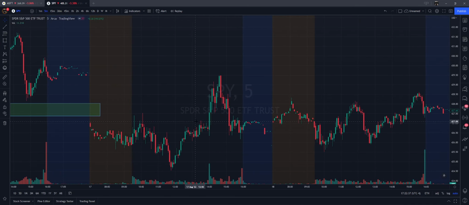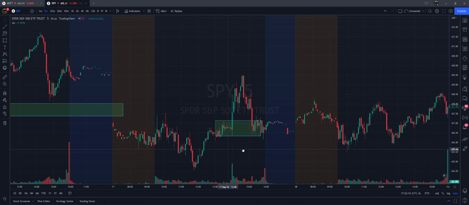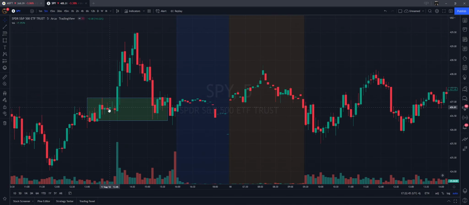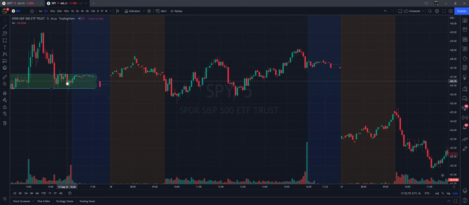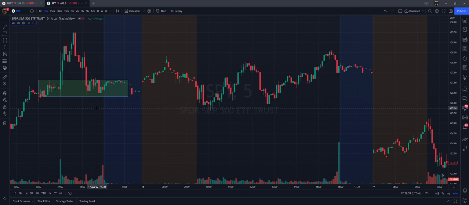And then for this one, the demand zone would be right on this range, the mini range. It goes back down, up, then goes back down again. This is the demand zone, but it's kind of invalid since it broke the zones.